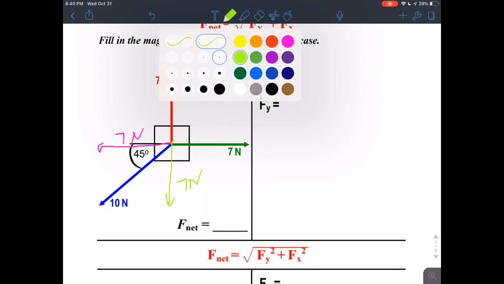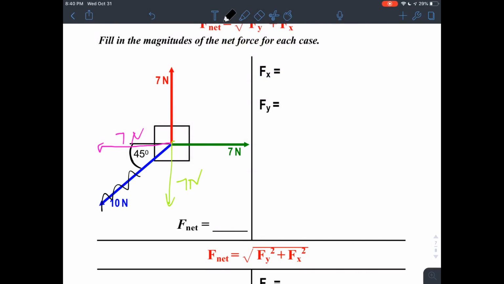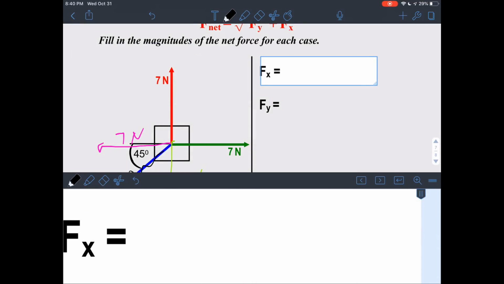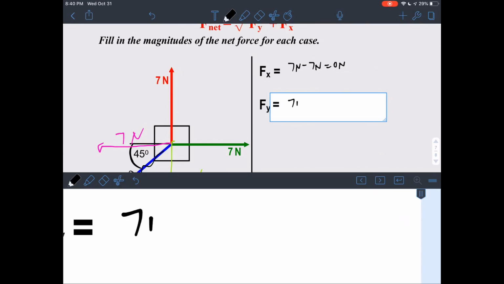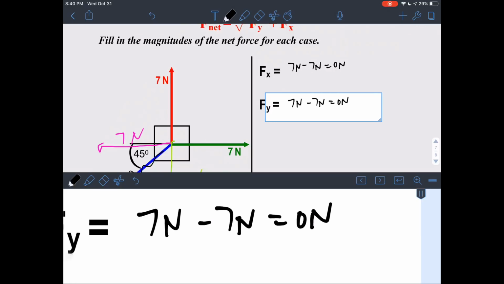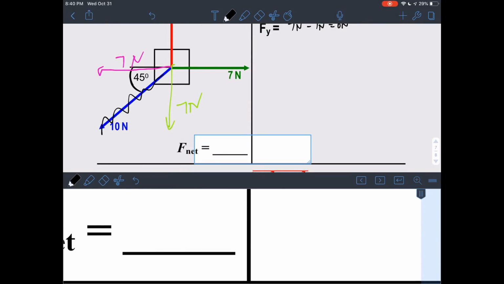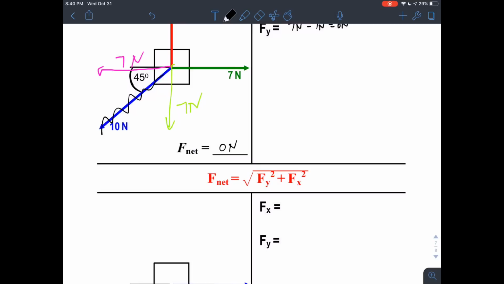So this 10 newtons, we'll go ahead and strike it out, because we have our 7 newtons left and our 7 newtons down now. If we isolate these forces and add them all up, our Fx is going to be our 7 newtons left minus our 7 newtons right, which is equivalent to 0 newtons. And then our vertical is 7 newtons up minus 7 newtons down, which is also 0 newtons. So in total, we have a net force of 0 newtons, and this object would be in equilibrium.